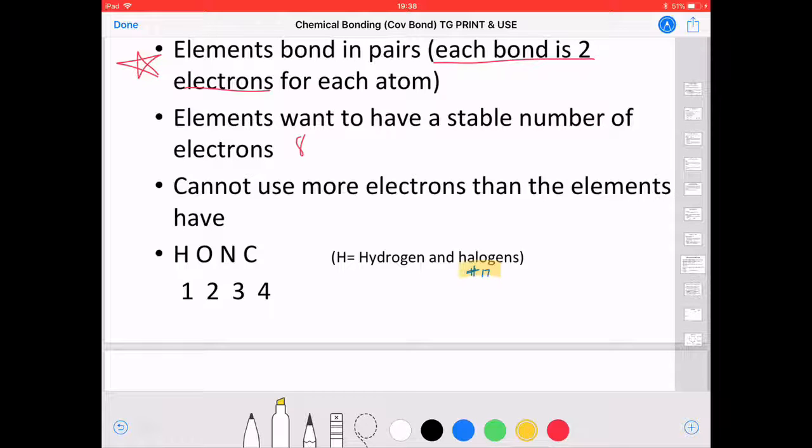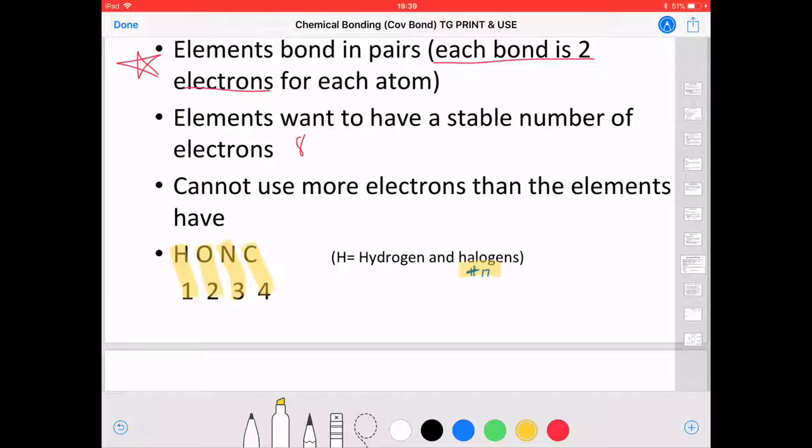The HONC rule tells you the number of bonds that an atom needs to be stable. Hydrogen or any of the halogens want 1 bond, oxygen wants 2, nitrogen wants 3, and carbon wants 4. Now, oxygen, nitrogen, and carbon aren't just those 3 atoms. That's oxygen and everything below it, nitrogen and everything below it, and carbon and everything below it.